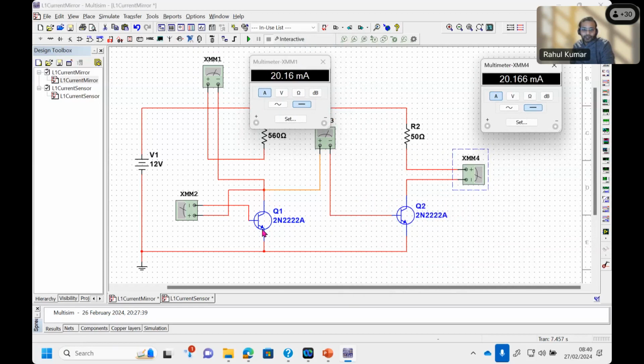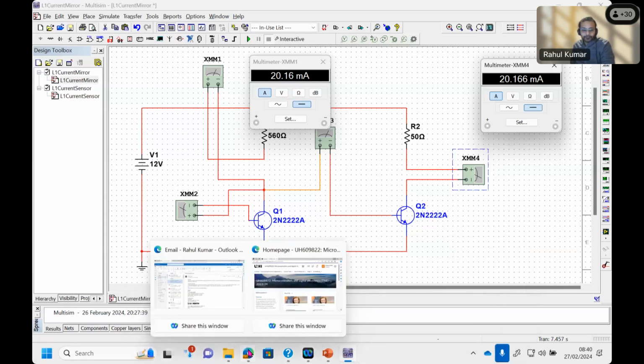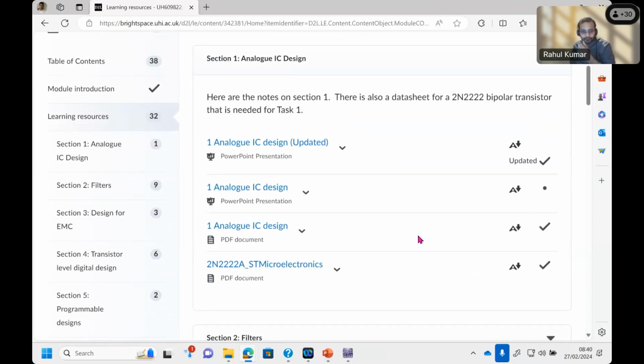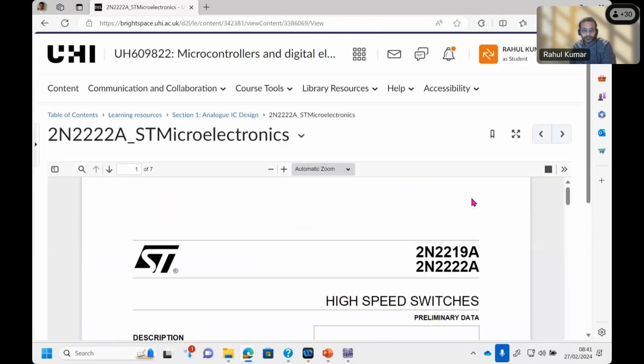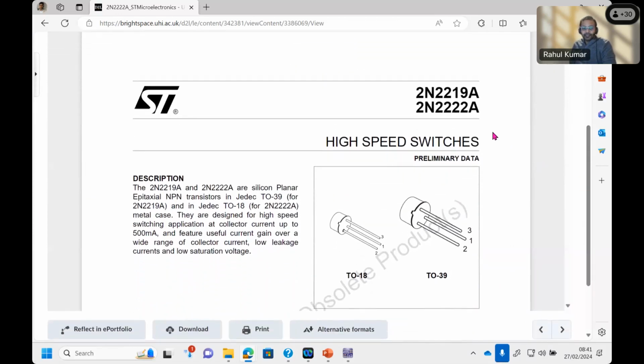There is one thing more which I want to show you or discuss. For that, we'll have to look at the data sheet of the transistor. If I go back to Brightspace, you can find the data sheet for this transistor 2N222A. Mainly in this data sheet, we are interested in the current gain.